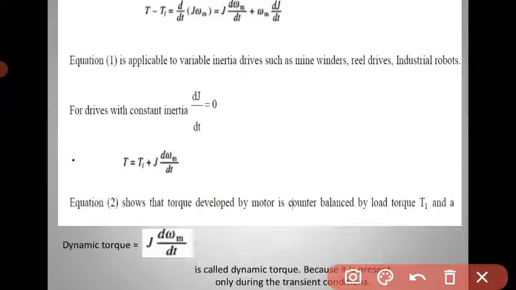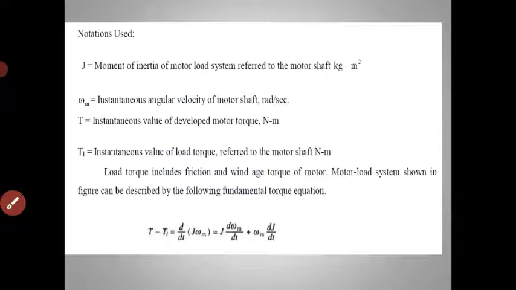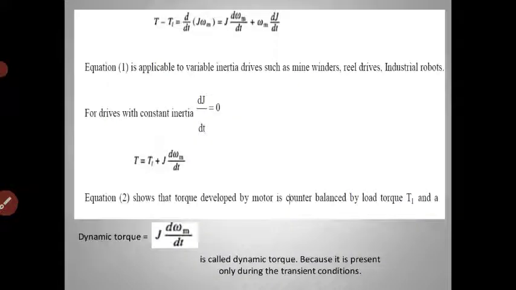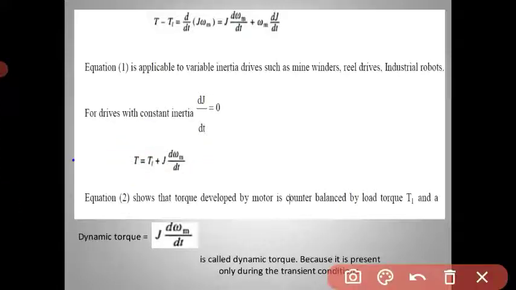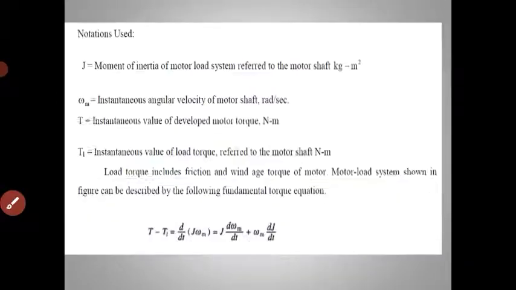The T which you have taken here, the instantaneous value of torque developed by the motor, should supply the load torque plus this quantity. What is this quantity? J d omega m by dt is nothing but the inertia torque of the motor.